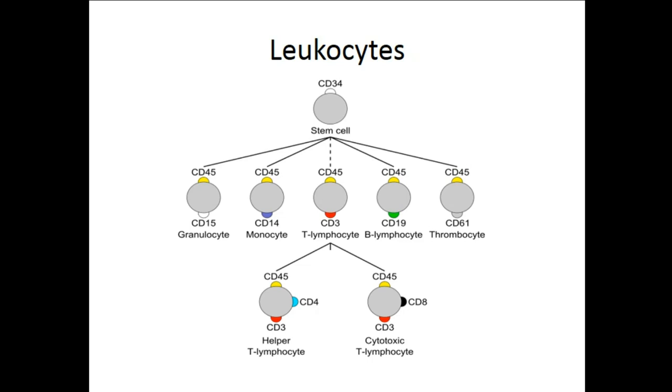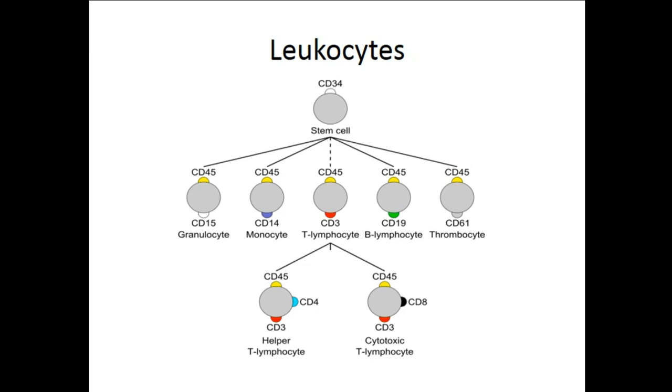Once we've identified the leukocytes, the next thing we want to do is identify the lymphocytes. And the receptor that's uniquely expressed in lymphocytes, not neutrophils, not eosinophils, just lymphocytes, is CD3. So you start off by selecting all leukocytes through CD45.